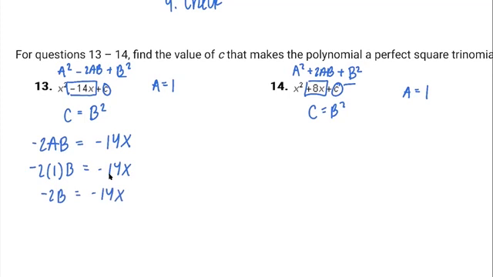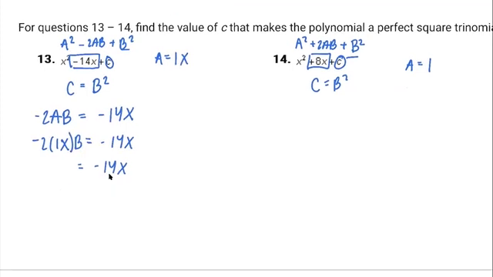I skipped a small step, so let me erase that for clarity. It's 1x, so negative 2x times b. If I divide both sides by negative 2x, I am left with b equals 7.